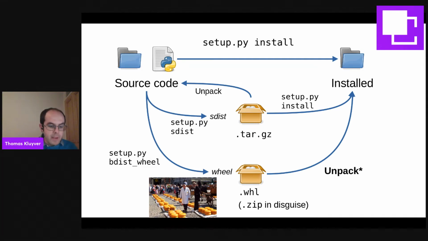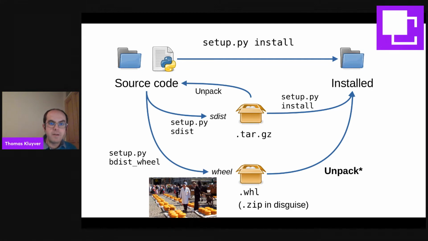So we've still got the direct route. We can still do setup.py install on our source code to go directly to an installed thing. We can also turn the source code into an sdist. So this is a source distribution, a tarball, which ideally contains all of your source code, including things like tests and documentation sources.